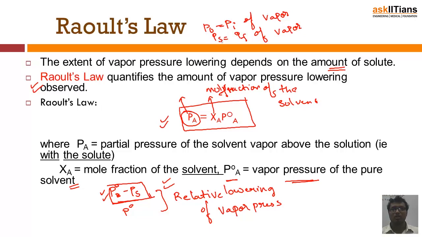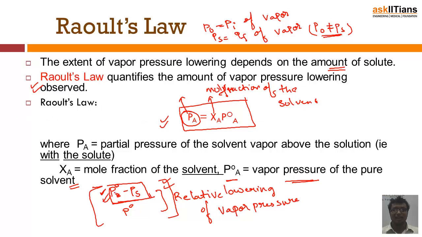Obviously P naught is not equal to Ps, because the vapor pressure is decreasing, and this difference is the lowering of the vapor pressure, and this ratio is the relative lowering of the vapor pressure.